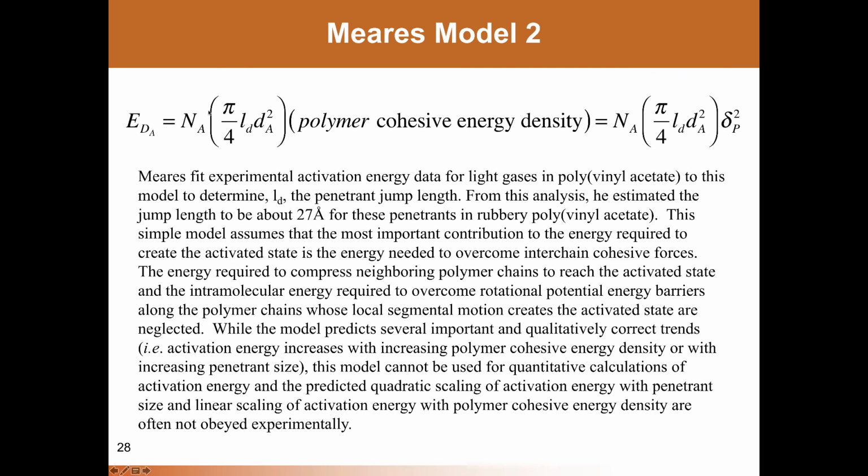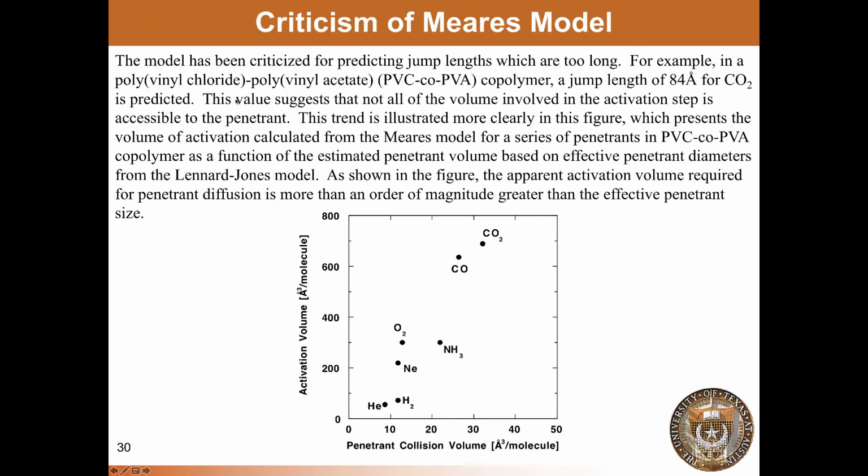That led Mears and others to postulate that the activation energy was being used to spread apart polymer chains in regions that were not very large, and in regions that were penetrant inaccessible.